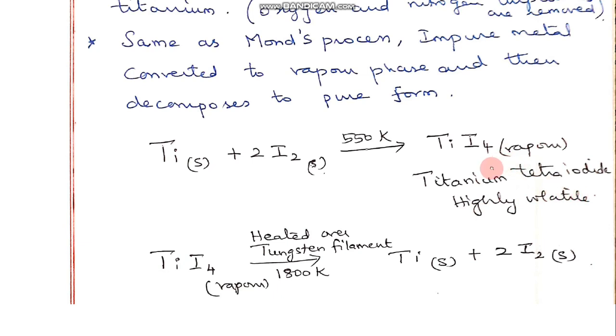It decomposes at 1800 Kelvin when passed over a tungsten filament, and titanium is obtained in a pure form and iodine is removed. This iodine can be taken to the first step to carry on the process. And impure titanium is converted to the pure one.